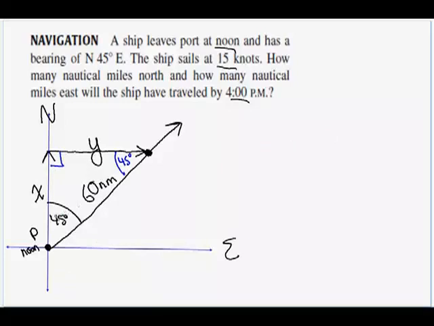If we look at our original 45-degree angle, we want the opposite side, and we have the hypotenuse. Opposite and hypotenuse is sine. So the sine of 45 degrees will equal the opposite side y over the hypotenuse 60. And from the same 45-degree angle, our adjacent side is x, and our hypotenuse is still 60. So we could set up cosine of the same 45-degree angle is equal to x over 60.